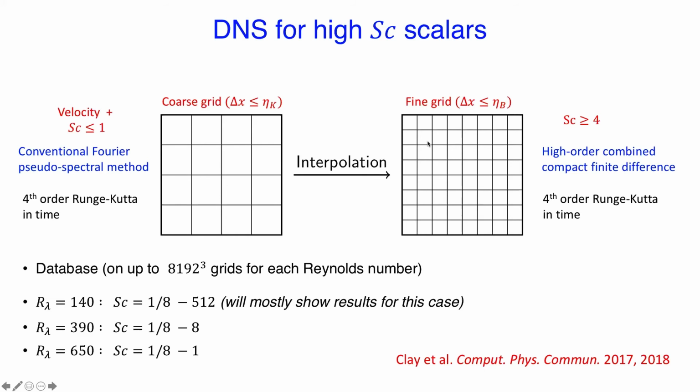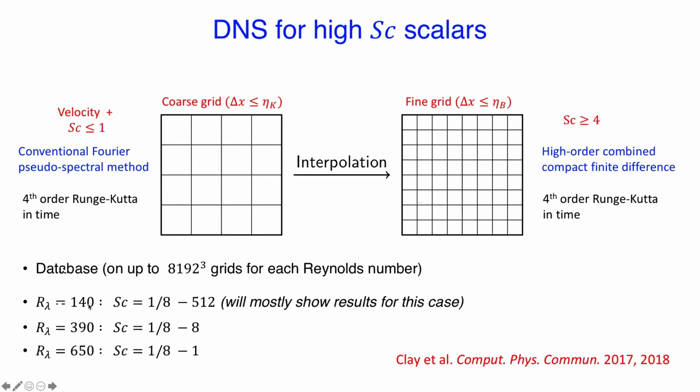So this reduces the cost of the DNS by a huge margin. And what we have done is also accumulate a database, which for this case goes up to grid sizes of 8192 cubed. The range of the Reynolds number is 140 to 650, the same as what we saw before.